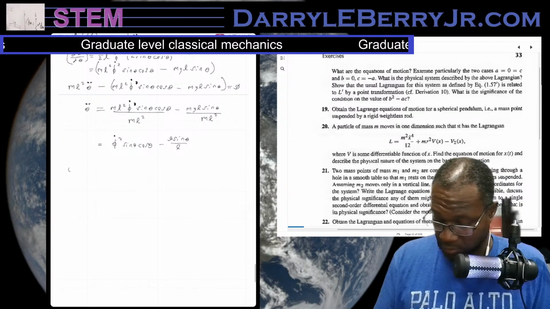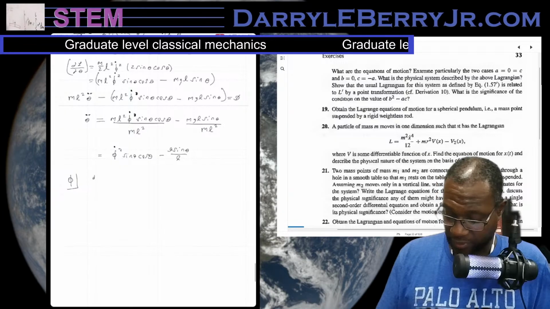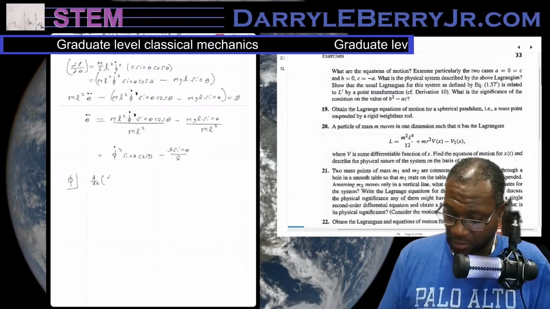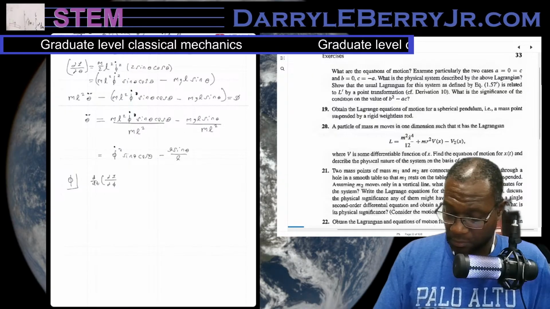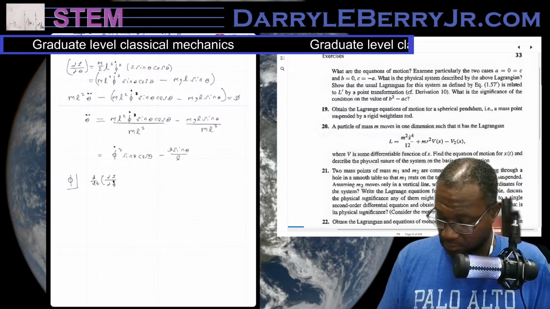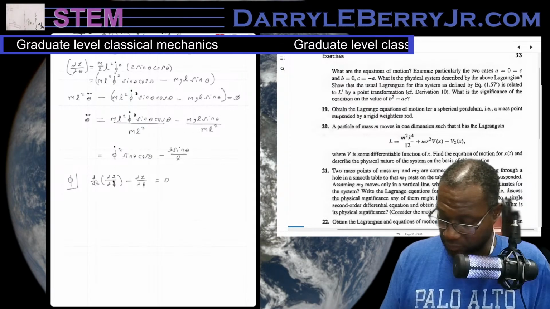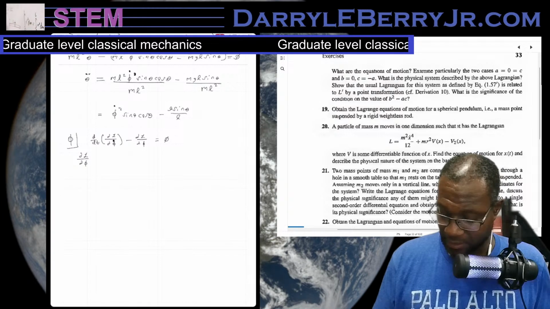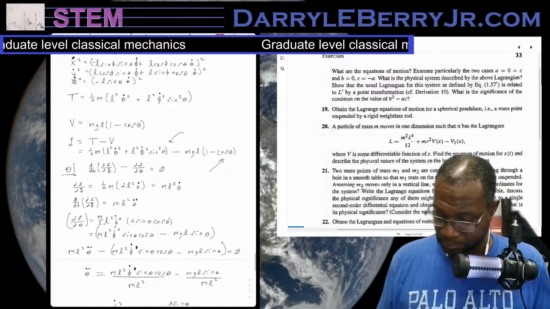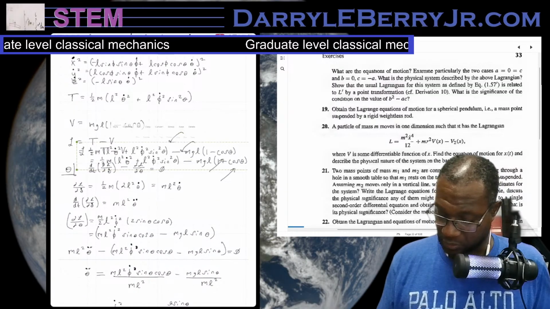Now the same thing for phi. d dt partial L over partial phi dot minus partial L over partial phi equals 0. So partial L over partial phi dot equals, maybe I should copy the Lagrangian down. I keep scrolling this much.